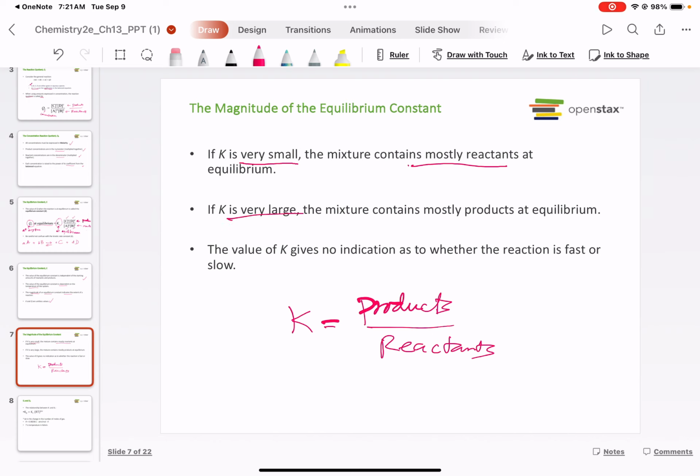On the other hand, if K is very large, then we have a lot of products. And of course the value of K tells nothing about whether the reaction is fast or slow. That's little k, the rate constant.